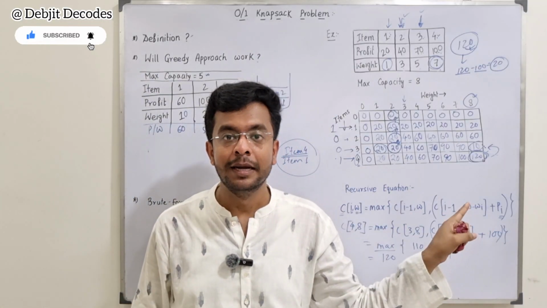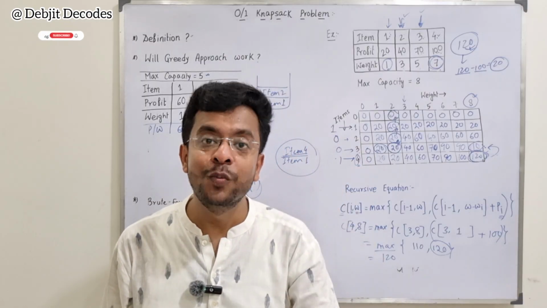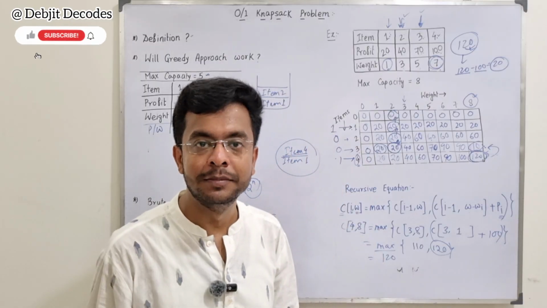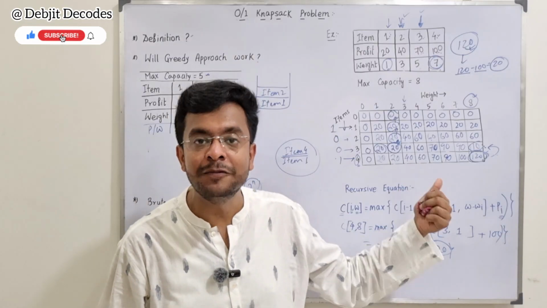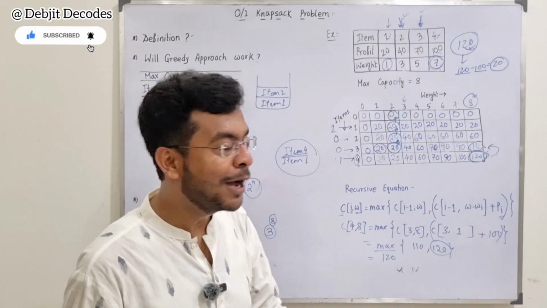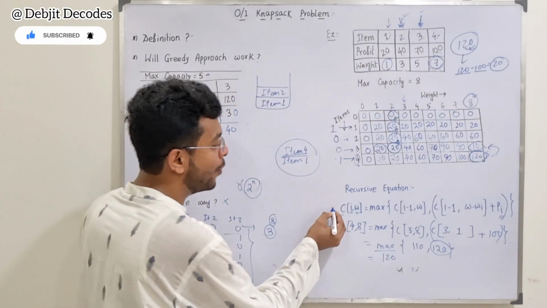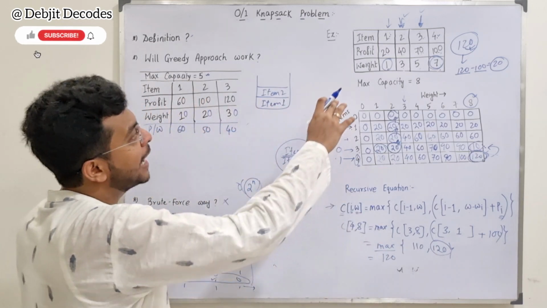We have applied dynamic programming, but now we will see whether the optimal substructure as well as the repetitive, that is overlapping, subproblems concepts are there, because we talked in the last video that these two properties should be satisfied to apply dynamic programming. Now let us talk about where this particular formula is coming from.